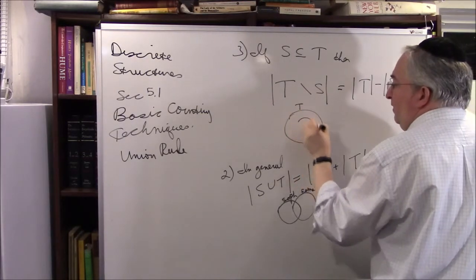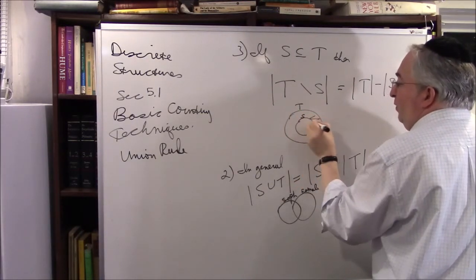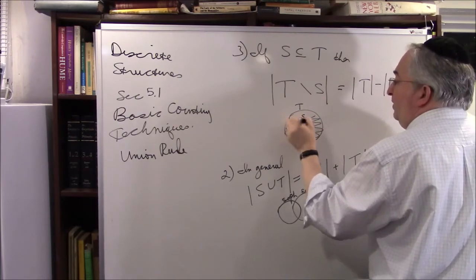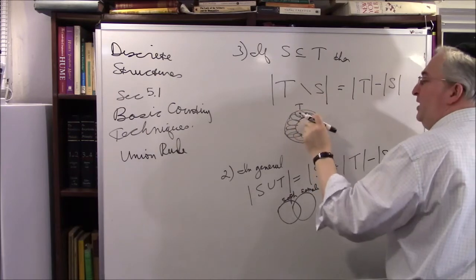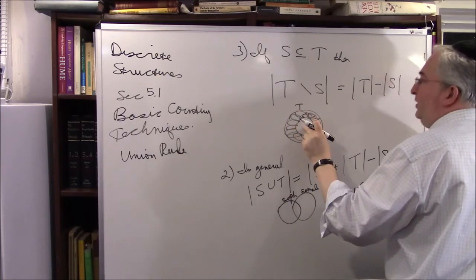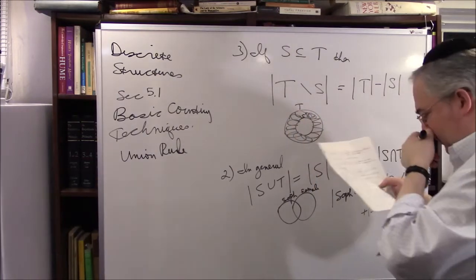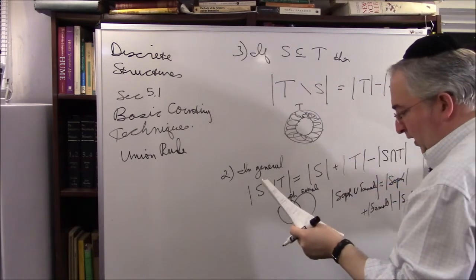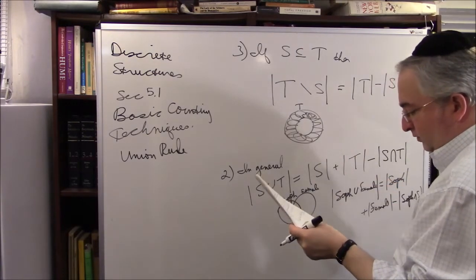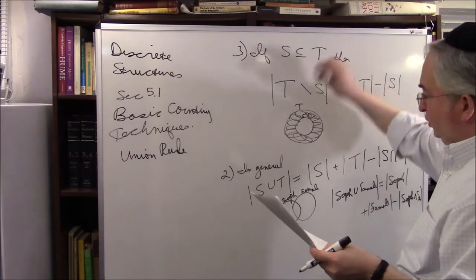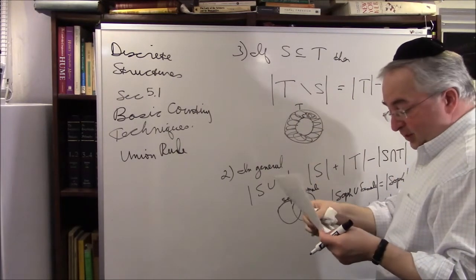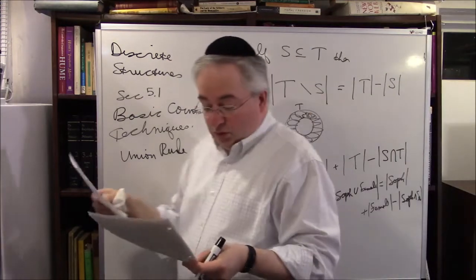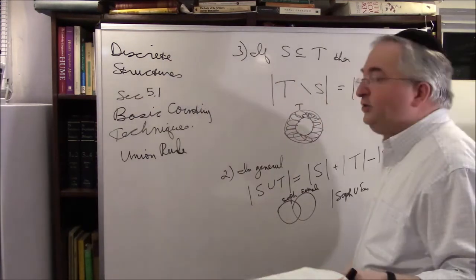Here's T, here's S. If I want to know how many elements are in here, I take the number of elements in T, subtract the number not in it, and I get that. Okay, so fine, that's the 3 rules, that's it. That's one rule, and it has 3 parts to it.